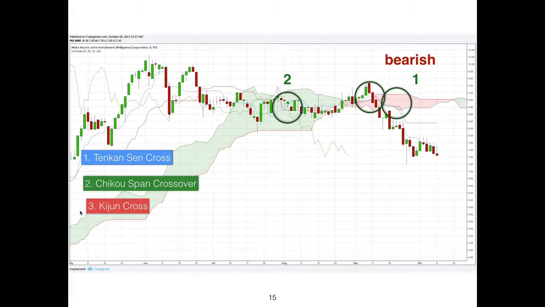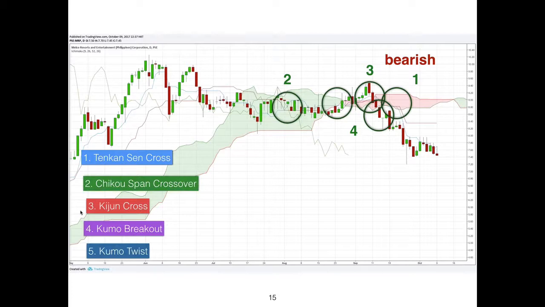The Kijun-sen crossover, where price crossed below the Kijun-sen. A Kumo breakout to the downside. And a Kumo twist. These Ichimoku elements warned us of the bearishness of MRP.